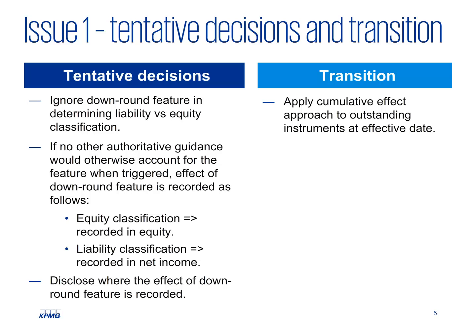Where the effect of the feature is recorded would depend on whether either authoritative guidance already addresses the accounting and/or the classification of the instrument. Based on our understanding of the decisions made to date, this accounting guidance would most likely have the following impacts. More freestanding instruments with down round features, for example warrants, would be classified as equity instruments, and when a down round adjustment is triggered, special measurement rules would apply to recognize the value of that down round through equity.